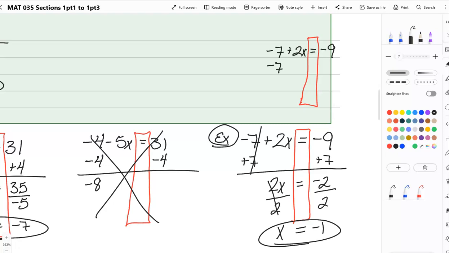What if we did -7 on both sides? Look how it's going to fall apart. -7 minus 7 is a -14. And notice I didn't get just the 2x by itself. I now have added 7 to both sides. So that's not going to help me solve, all because of that sign. That's why we have to have a +7 and not a -7. So be careful with those as you're working through.